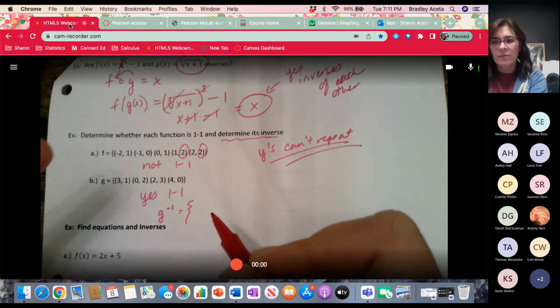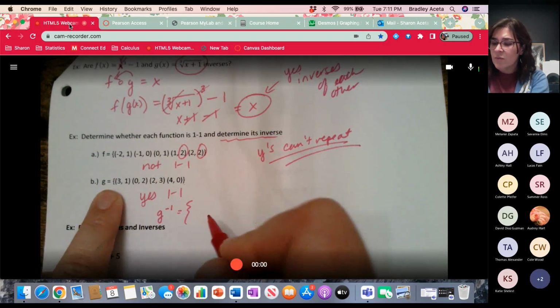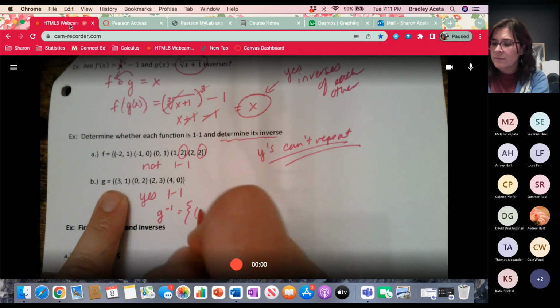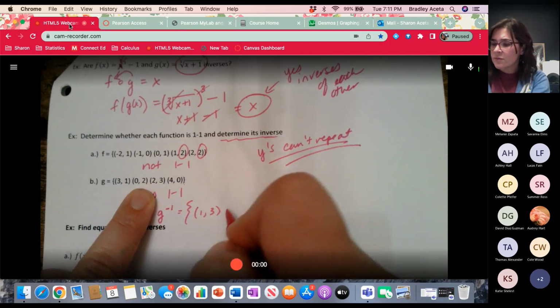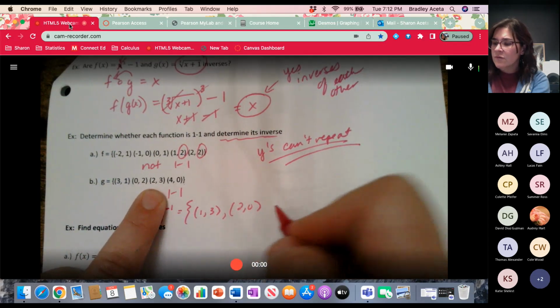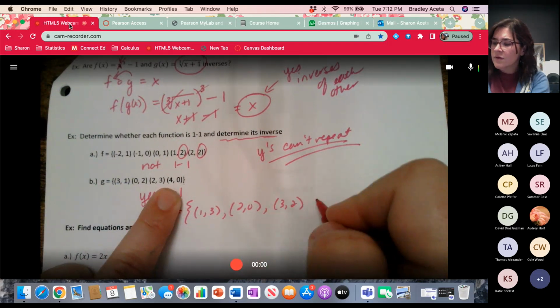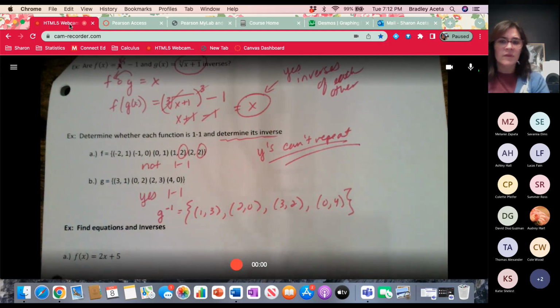You literally flip the domain and range. You flip the x and the y. So instead of the point (3, 1), it's (1, 3). Instead of (0, 2), it's (2, 0). Instead of (2, 3), it's (3, 2). Instead of (4, 0), it's (0, 4). And there you go. That's your inverse right there. Done. Easy peasy.